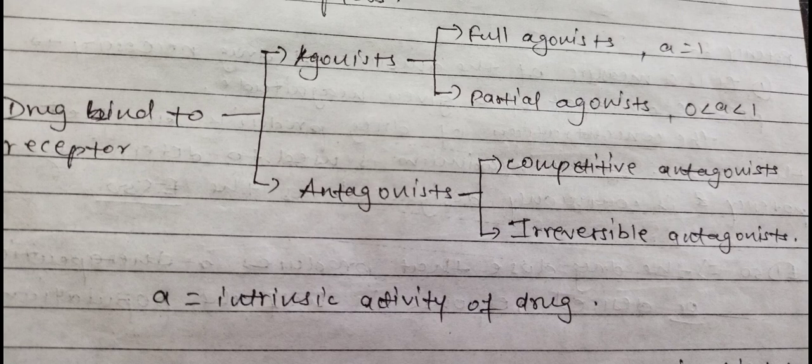What is important here is that drugs bind to receptors in two ways, agonist and antagonist. Actually these are the base. Agonists are of two types, full agonist and partial agonist. Antagonists are of two types, competitive antagonist and irreversible antagonist.